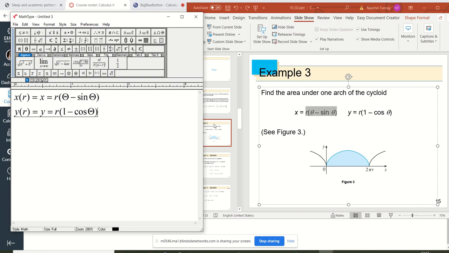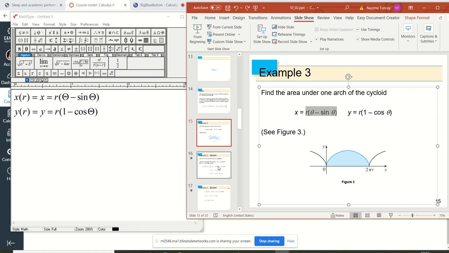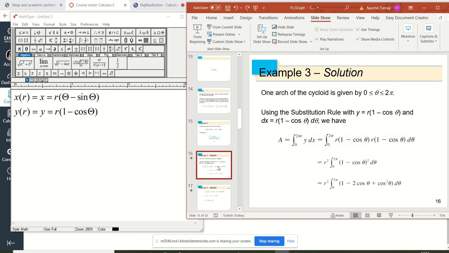So let us continue with the next slide. Here, these are the boundaries. We know that this theta can be between 0 and 2π.